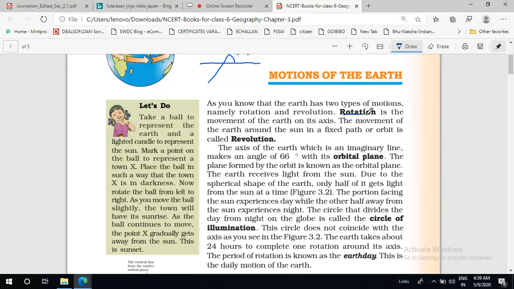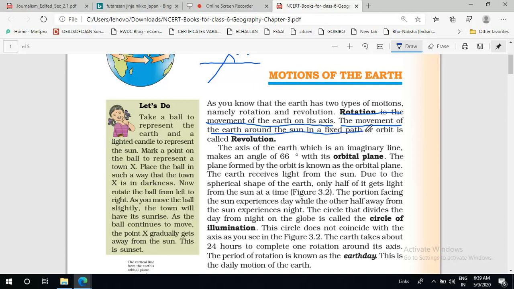So, I am underlining some important sentences, and you must also underline these sentences in your book, because these are very important, not only to learn, but the most important thing, more important than memorizing, is understanding. You must understand all these things. Okay, what is rotation, what is revolution, what is the difference between the two.